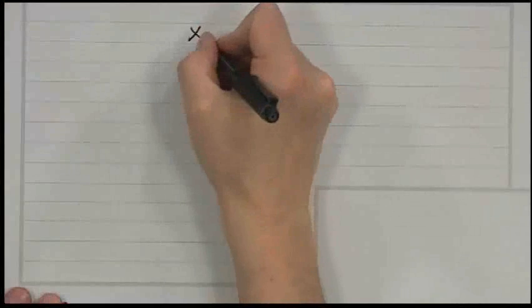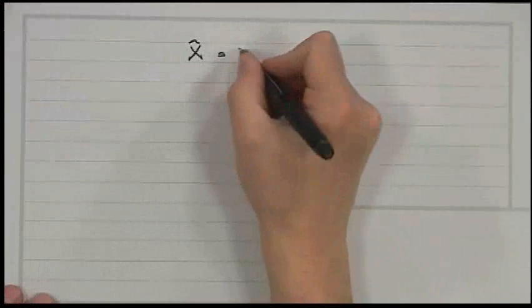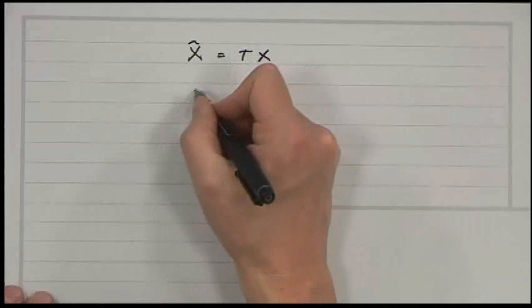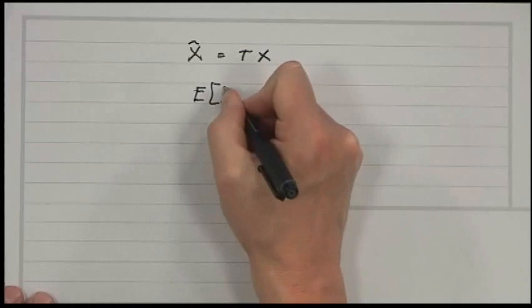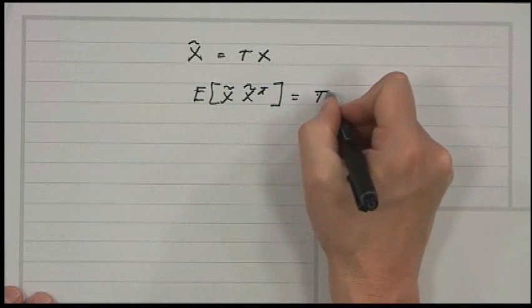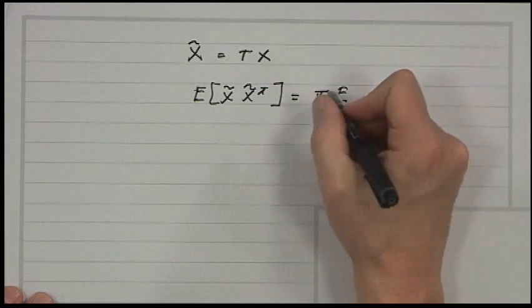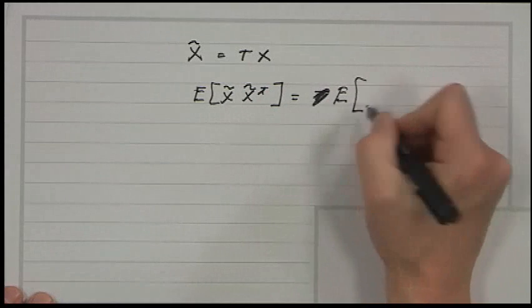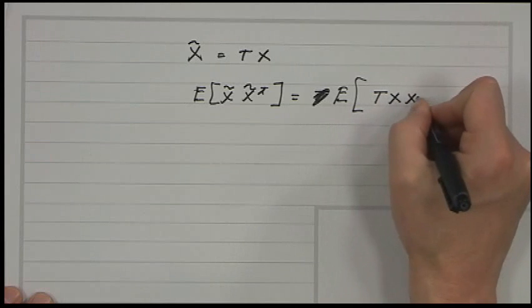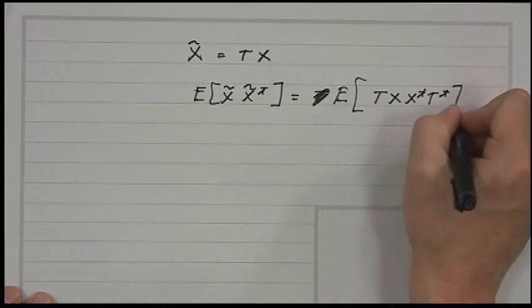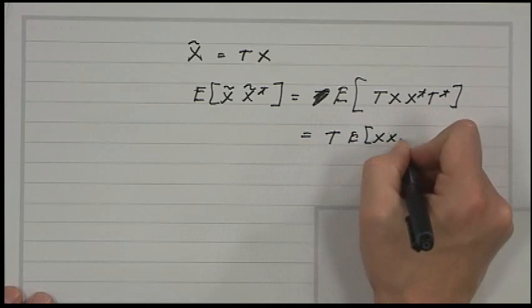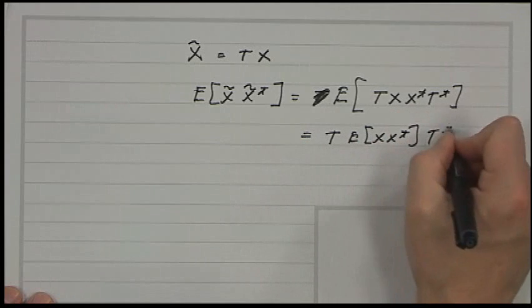I'll say if I have x tilde equal to T times x, right? Then the expected value of x tilde times x tilde transpose is equal to the expected value of T times x times x transpose times T transpose. So that's going to equal T times the expected value of x x transpose times T transpose.